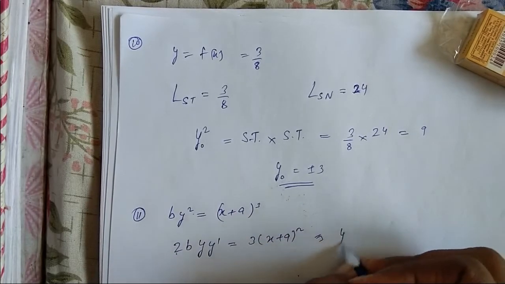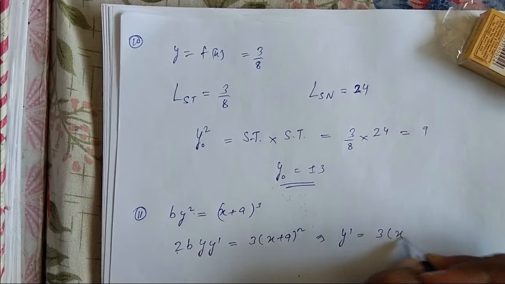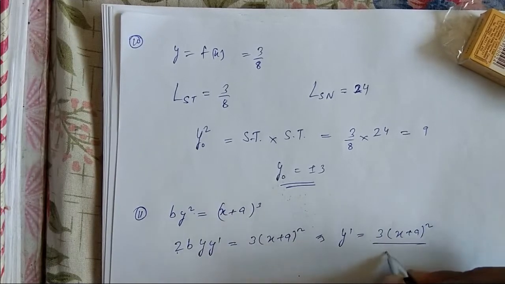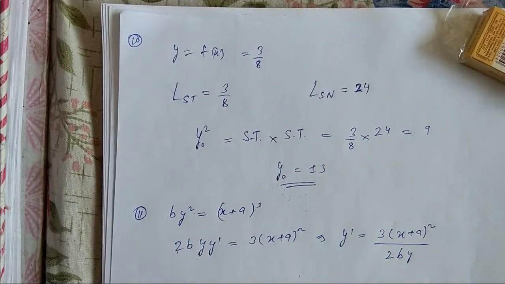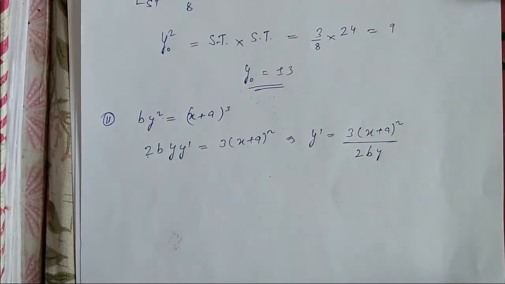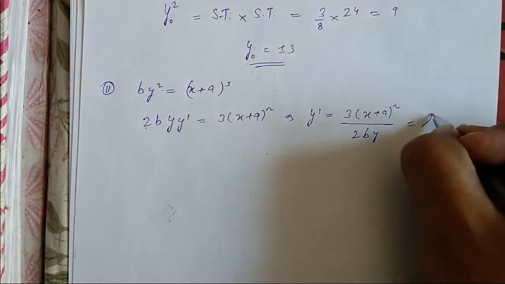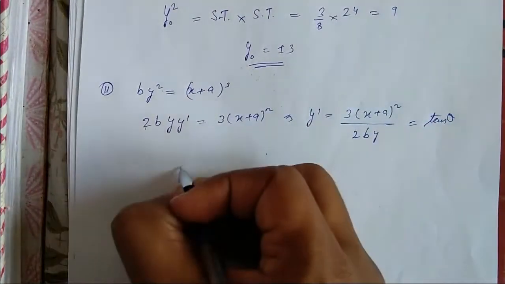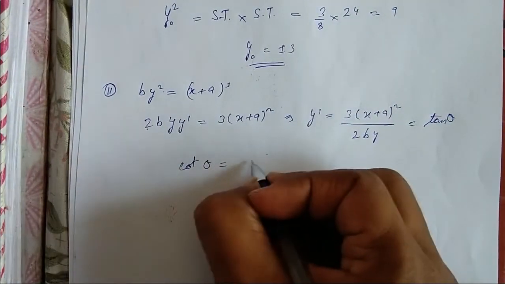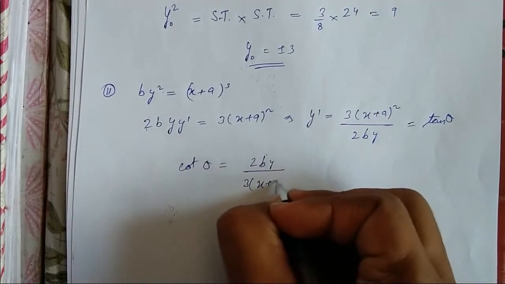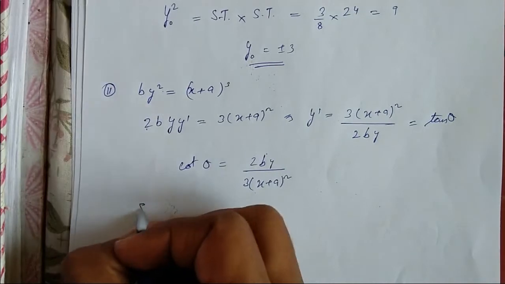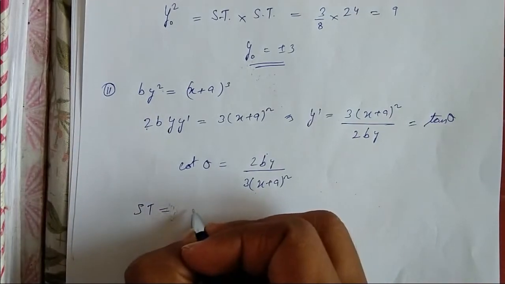This implies y dash equal to 3x plus a whole square upon 2by, which in turn is equal to tan theta. Hence cot theta would be equal to 2by upon 3x plus a whole square. We know that subtangent is equal to y cot theta.